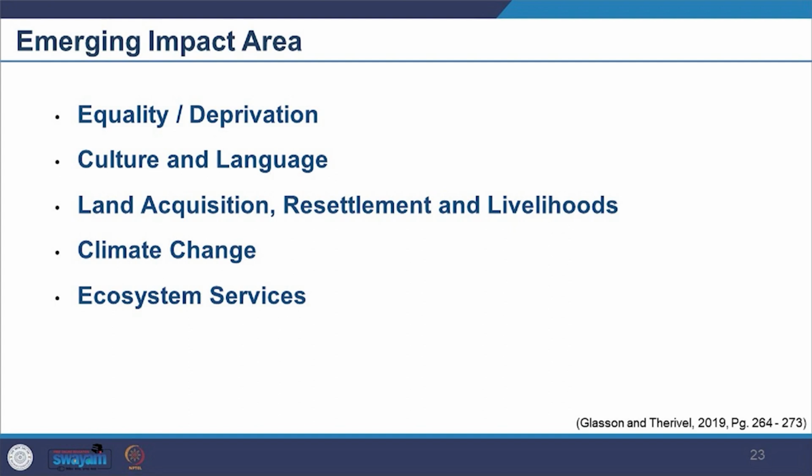Therefore, there are some emerging and important criteria we see in EIA. We see areas such as equality, deprivation, culture and language, where we are reviewing. Then we are also looking at land acquisition, resettlement and livelihoods. We are also looking at climate change and ecosystem services, which I talked about in the previous classes as well.